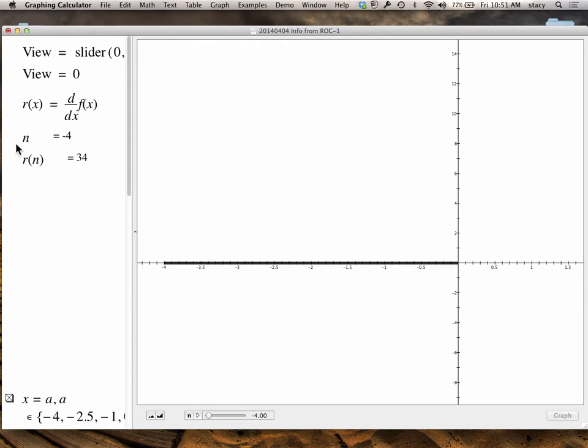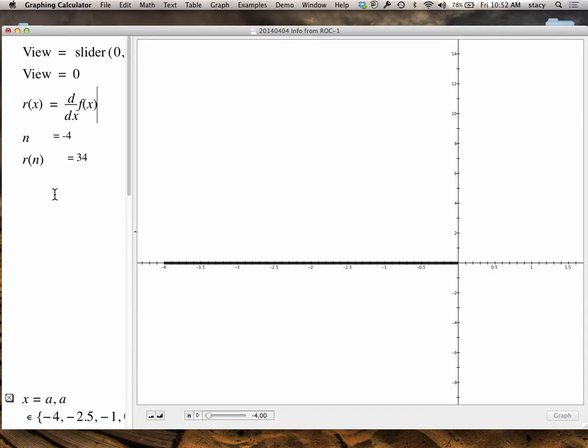So what I've got here is n is a slider so that I can talk about different values of x, and r of n outputs the corresponding rate of change at that x value. Notice that this r of n value is not the value of f. It's the value of r.